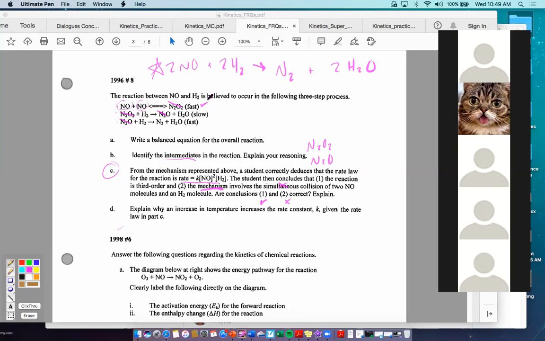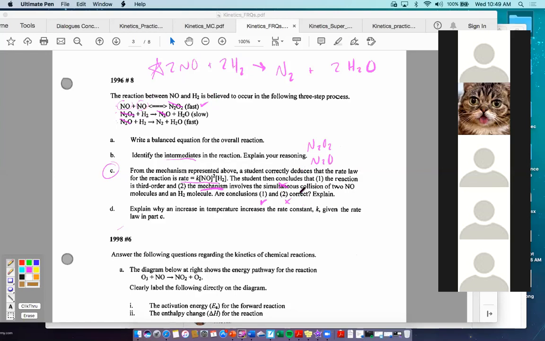His claim is just flat out wrong, because NO never collides with H2. According to the mechanism, NO collides with NO to form the intermediate, and then it's the intermediate that collides with H2. Does that make sense? So Ms. Majid, that would not be a good explanation. And Ms. Young, I think I just did repeat it, so hopefully that helped.